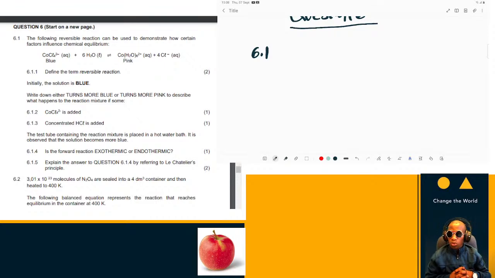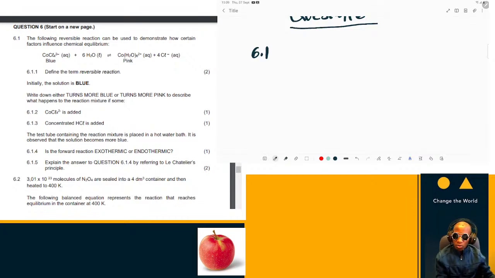For 6.1.1, they ask us to define a reversible reaction. Something that is reversible can change in one direction and back, like a car. A car is a reversible object. It can go forward, but it can also go back. A reversible reaction is when the product can be converted back to its reactant.